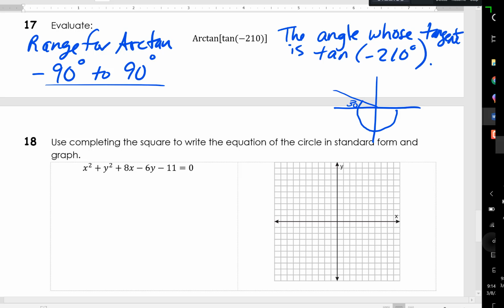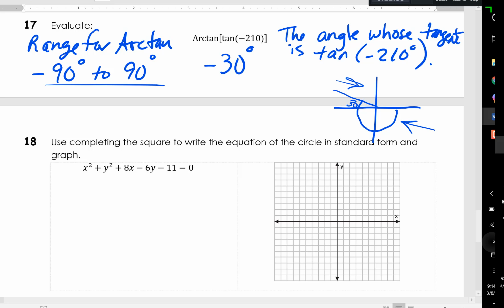So here's a 30-degree angle. All right, so you're looking for a 30-degree angle that's between negative 90 and 90 that has a negative tangent, because this is where tangent is negative, and the other place where tangent is negative is in the fourth quadrant. So you're looking for the 30-degree angle in the fourth quadrant, and that is going to be negative 30.